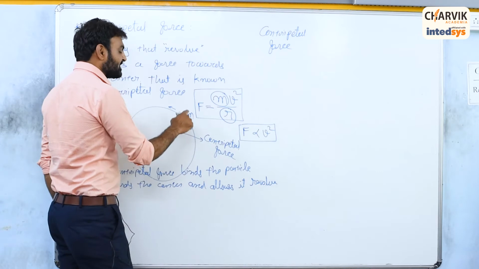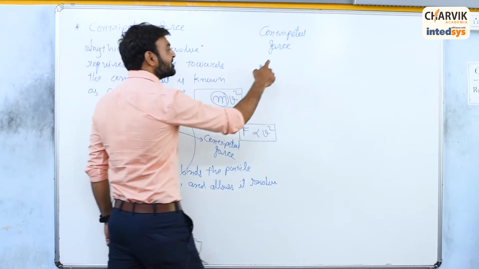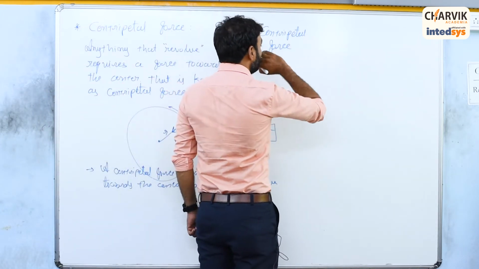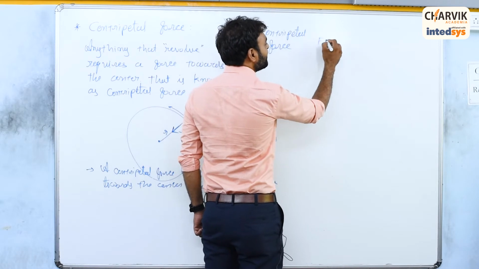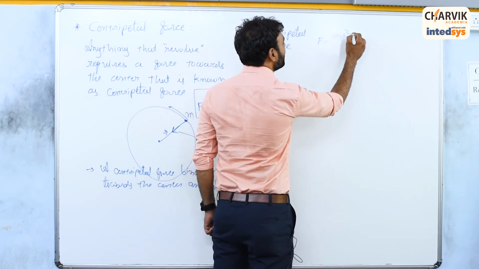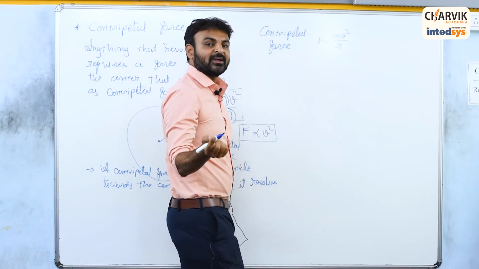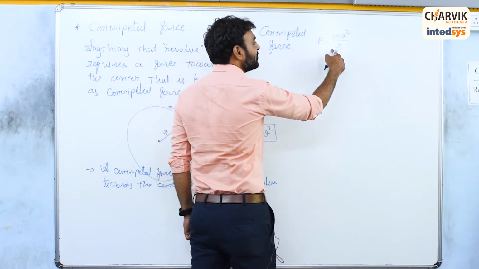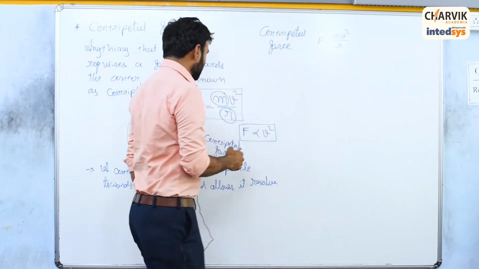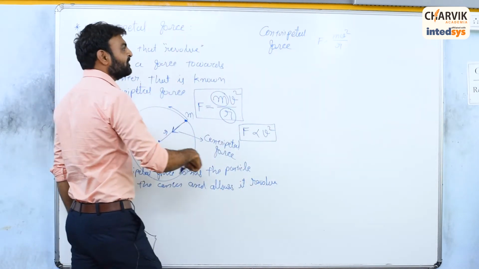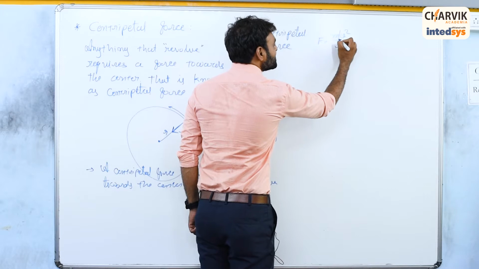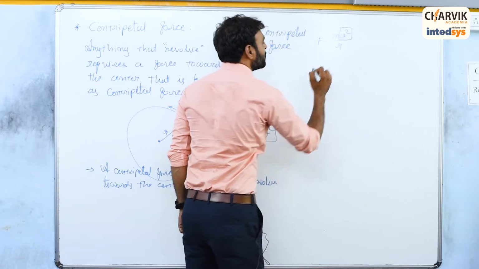So there is another factor of the same force, which I am writing here. If F is equal to mv squared upon r, mass and radius are constant factors, so they are not going to affect the particle that is revolving over the circle. But the velocity plays an important role.